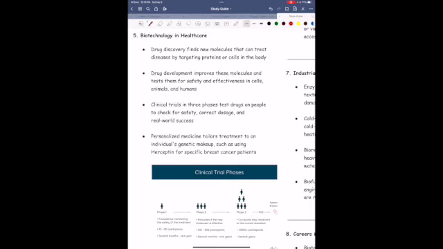Before you can develop a drug, you have to discover what products, what molecules are effective or can be used to target proteins in your cells or cells of the body. So, drug discovery is going to be discovering new molecules.